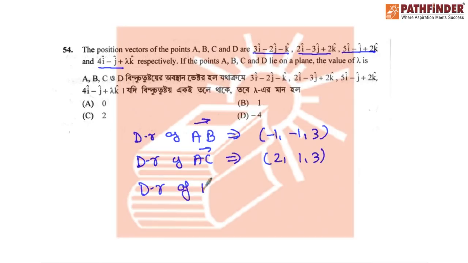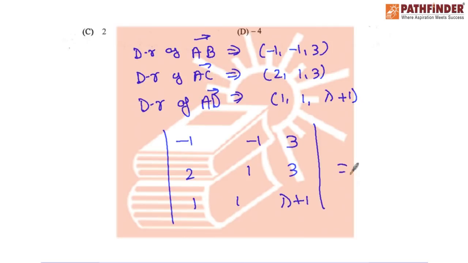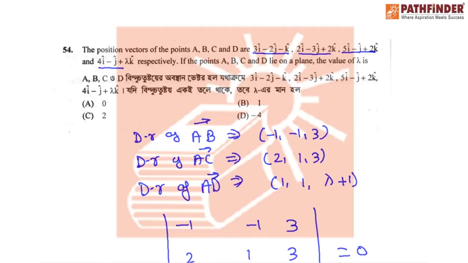Direction ratio of AD is 1, 1, lambda plus 1. Now they are coplanar, so the value of the determinant minus 1, 3, 2, 1, 3, 1, 1, lambda plus 1 is equal to 0. On solving this, we'll get lambda equal to minus 4, which is given in option D.